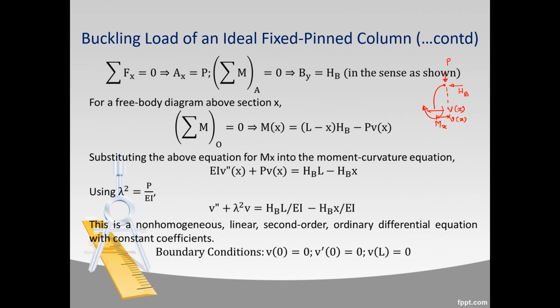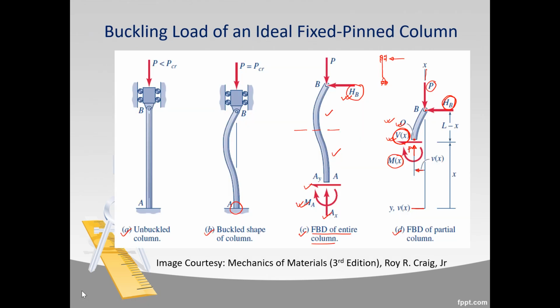So if you use the principles of static equilibrium, you can get the value of your reactions here. If you use summation of forces in x equals 0, you will get the value of Ax as P. That means if you look at your diagram, Ax gives us this value of vertical reaction here.